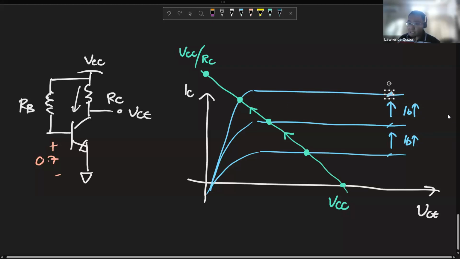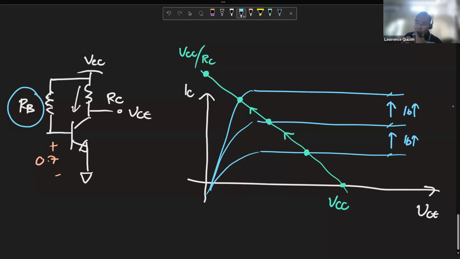For each IB, IC rises proportionally to beta. So to increase IB, what do we do to a controllable factor in this circuit? Well, IB is VCC minus 0.7 over RB. To increase IB, what I need to do is to decrease RB.